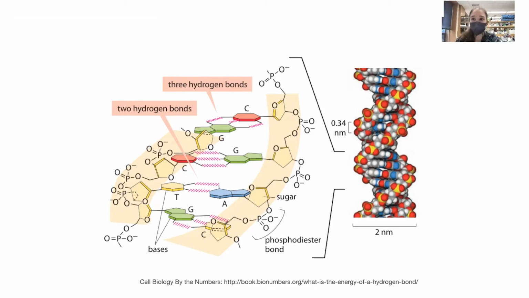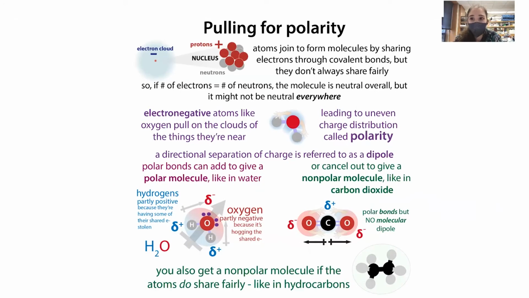So instead of having molecules that are permanently polar, or permanently charged, these van der Waals attractions can happen even in a molecule that is normally non-polar. So in a molecule where all of the atoms are sharing fairly, and this is the case when it's hydrogens and carbons, so when you have hydrocarbons.